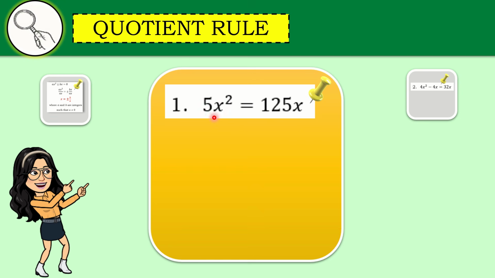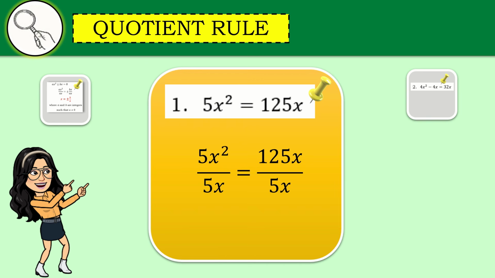We need to eliminate 5x so that on the left side of our equation, we are going to have only the variable x. So again, we are going to eliminate 5x. To do that, we are going to multiply both sides by 1 over 5x.